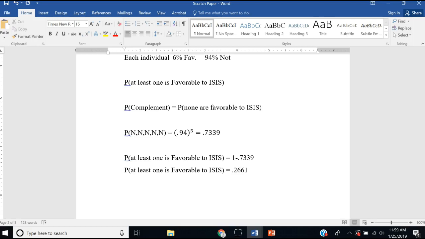And if we pick 5 Palestinians, while each one individually has a very high chance that they don't like ISIS, if you put 5 together, you have about a 26-27% chance that one of those people does like ISIS. Hopefully that all makes sense.